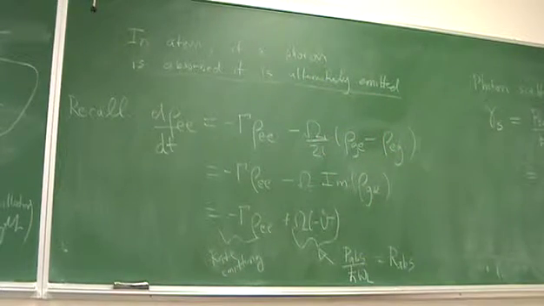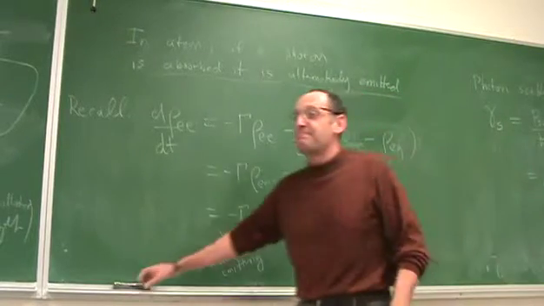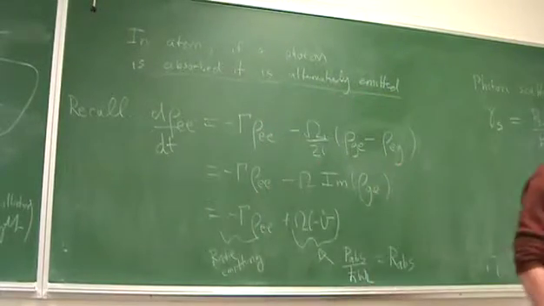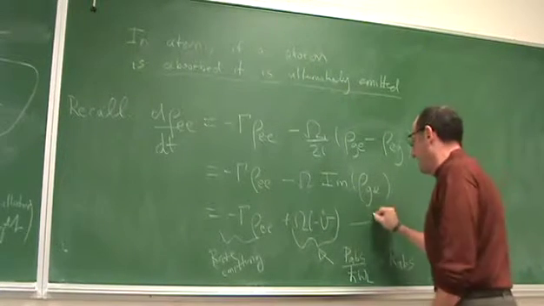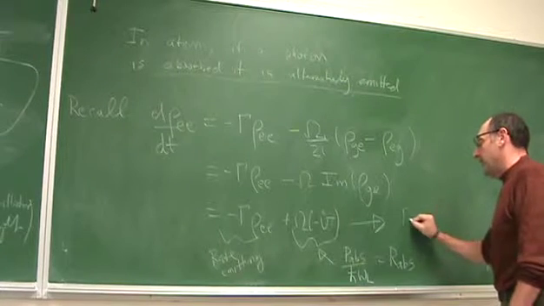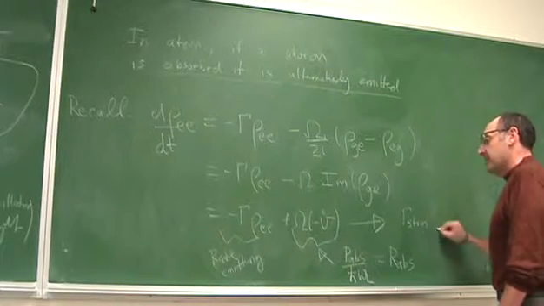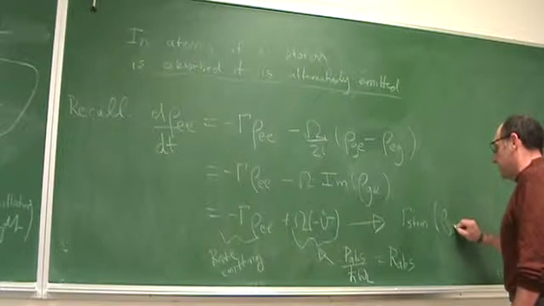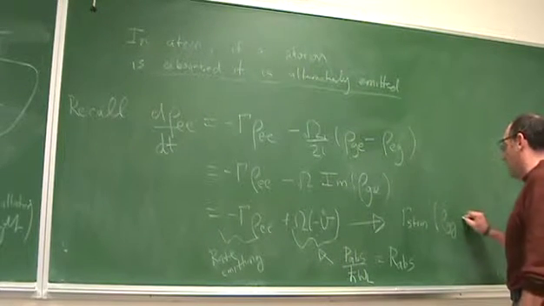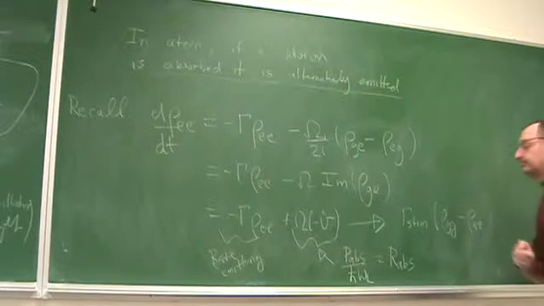However, let's be a little bit careful about this. Because remember, there's two kinds of emission. We had one emission we called stimulated emission, and one kind of emission we call spontaneous emission. Remember, this expression in steady state was equal to gamma stim times rho GG minus rho EE.